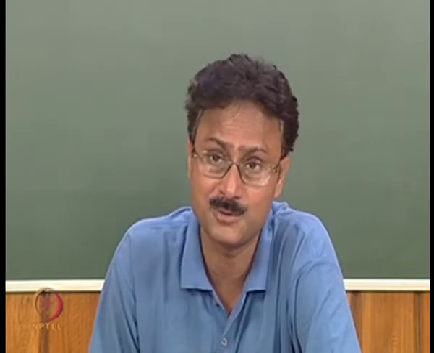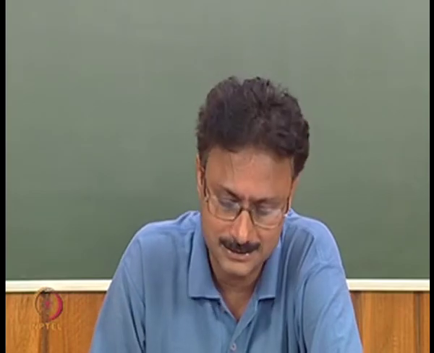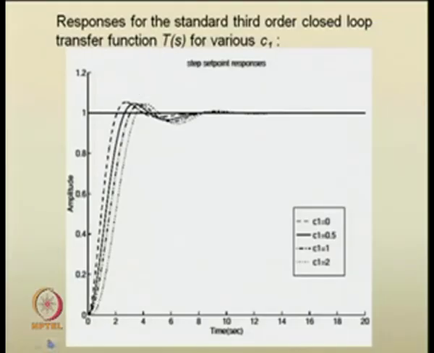What sort of time responses are expected from the standard transfer functions? Let us see. When C1 equal to 0, the closed loop time response will be of this form. When C1 equal to 0.5, we get another. Similarly, for each C1 value we have got a set of D2 and D1 values, and all those values can be obtained from this plot.